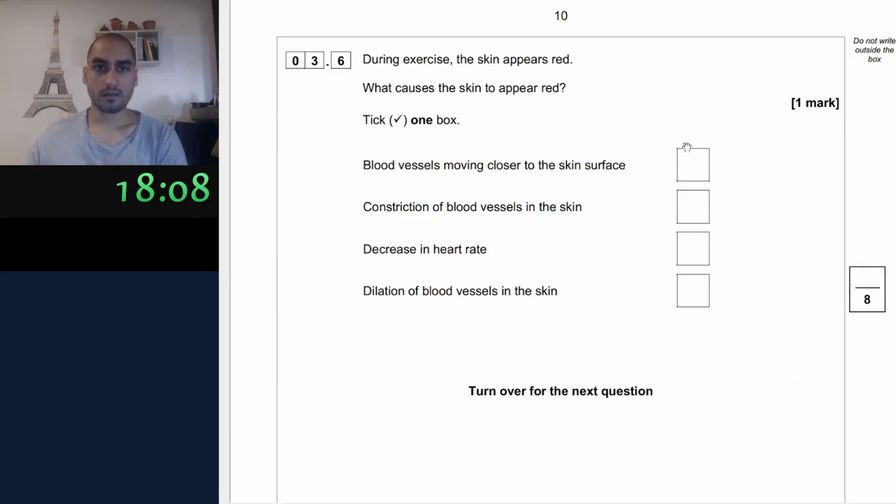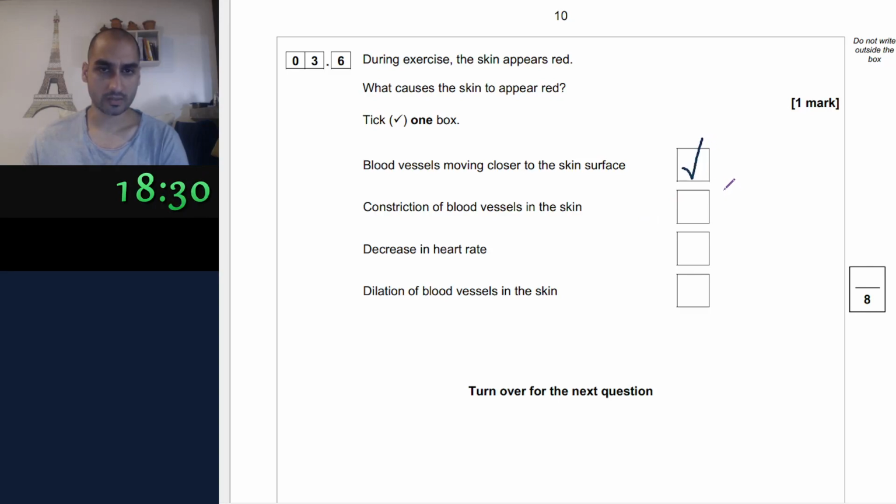Okay. Skin appears red. What causes skin to appear red? I think it's blood vessels moving closer to the skin surface. No. Yes. Why?